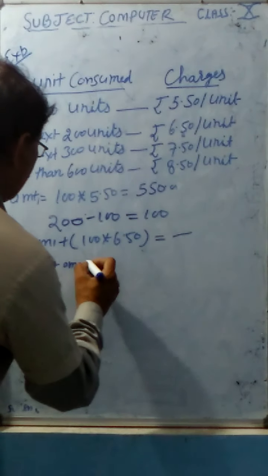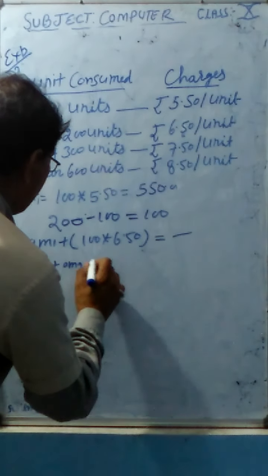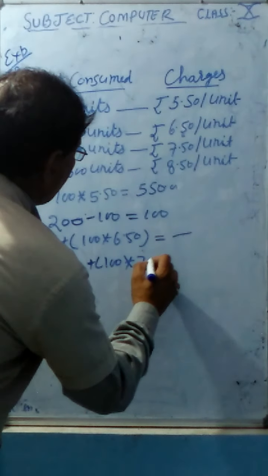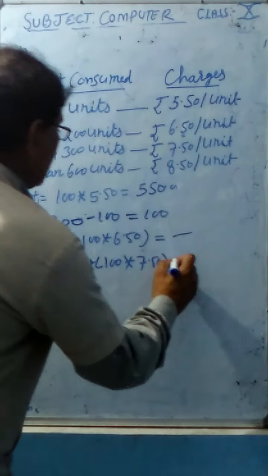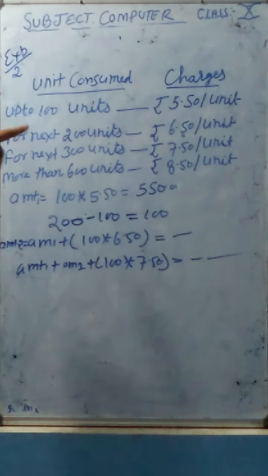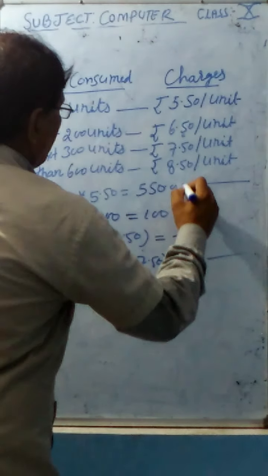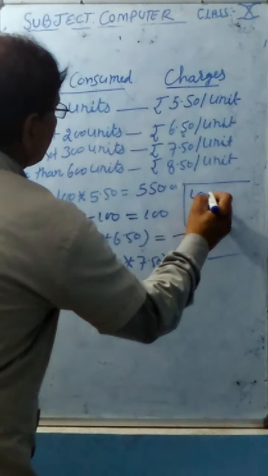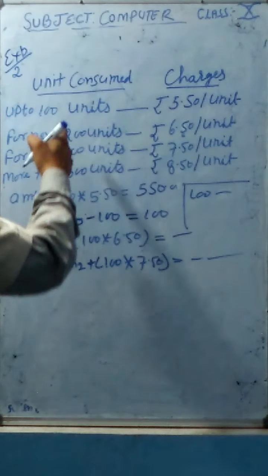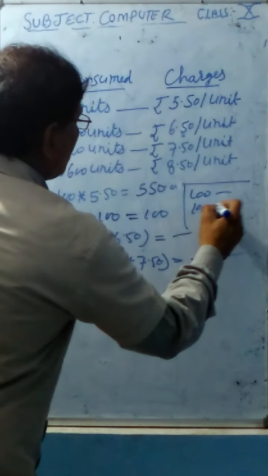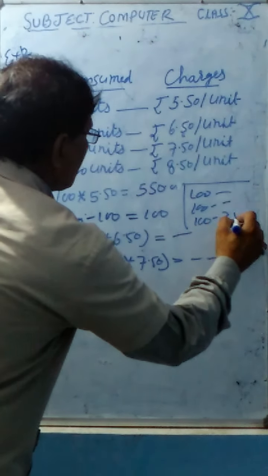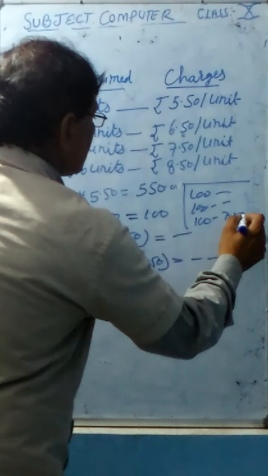So then plus 100 multiplied by 7.5, because the remaining 100 units are charged separately at 7.5 rupees.